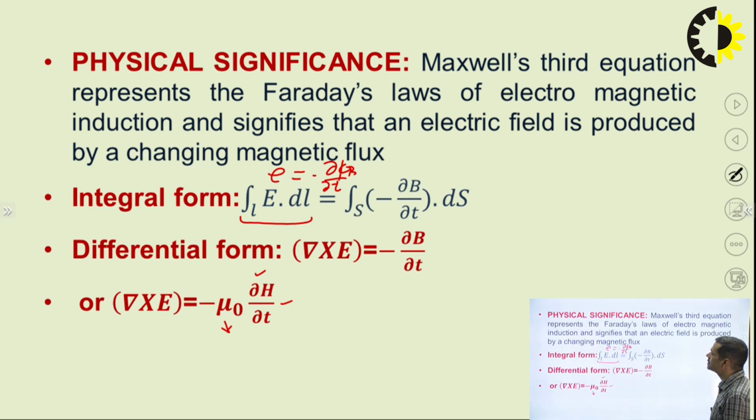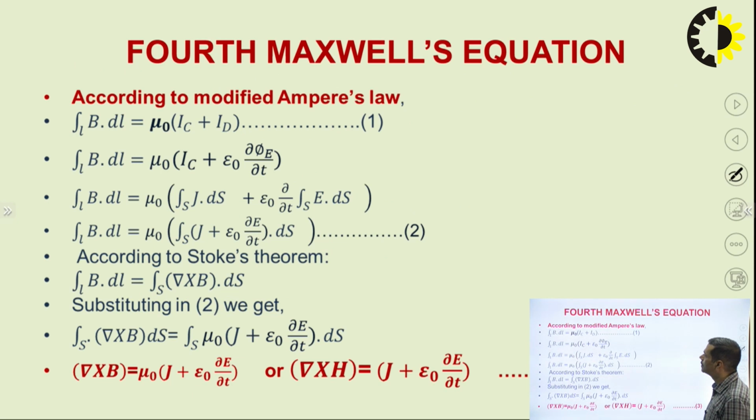Now we will discuss the last one, Maxwell's fourth equation, which is also known as the modified Ampere's law. We know Ampere's circuital law, and the modified form of Ampere's circuital law is known as Maxwell's fourth equation, because it was modified for free space.